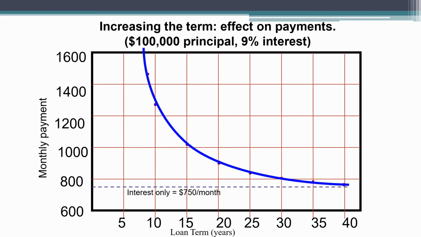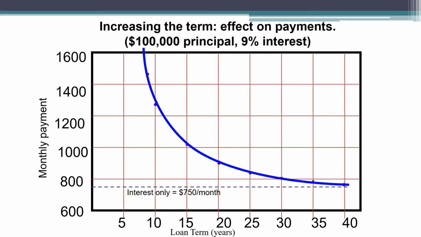In this chart, we're assuming that we have a $100,000 loan with a 9% interest rate, and we're going to vary the loan's terms. They could be as short as, looks like about 8 years at the left end of the chart here, up to about 40 years.